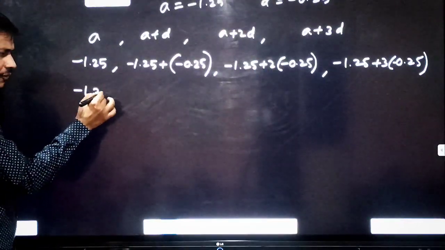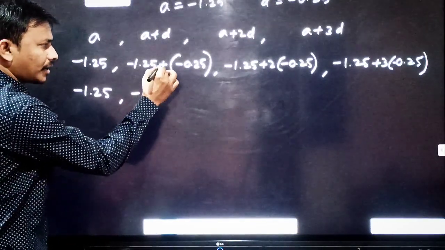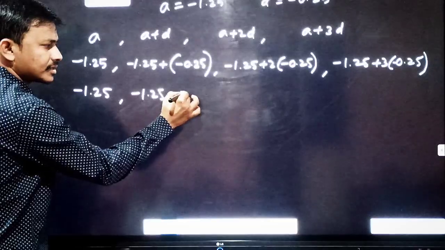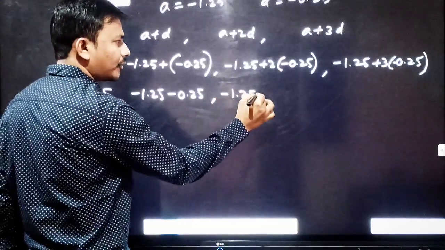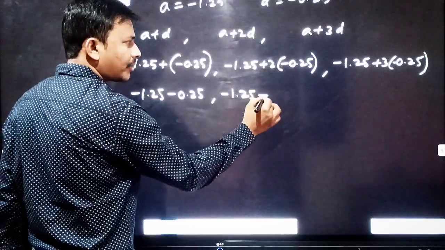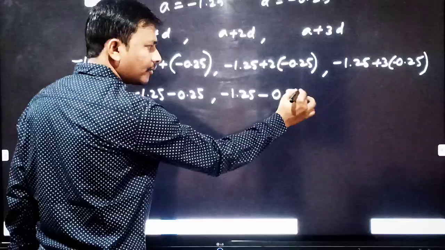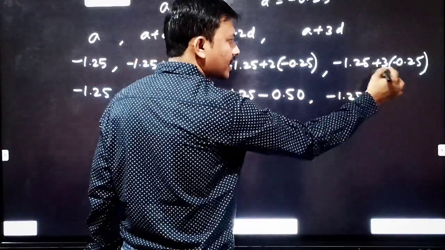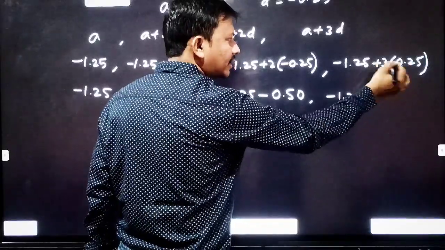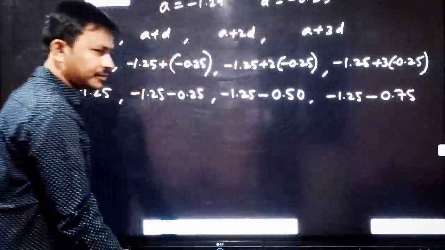-1.25 as it is, comma, -1.25 plus 2 into -0.25: minus minus 25 twos are 50, that means 0.50, comma, -1.25 plus 3 into -0.25: minus minus 25 threes are 75, that means 0.75.